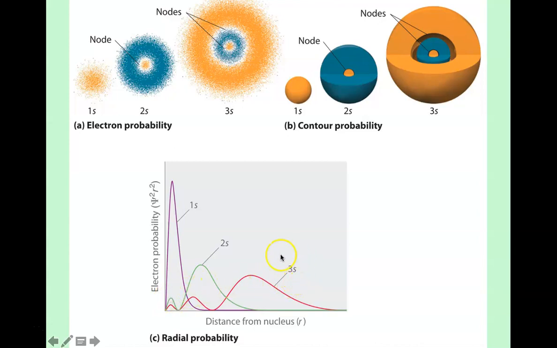And then we get to the 3s. Again, higher probability further away. It's a bigger orbital. But again, notice following the graph that the 3s has some high probability in the 2s region. And again, the 3s orbital also has some probability closer to the nucleus.